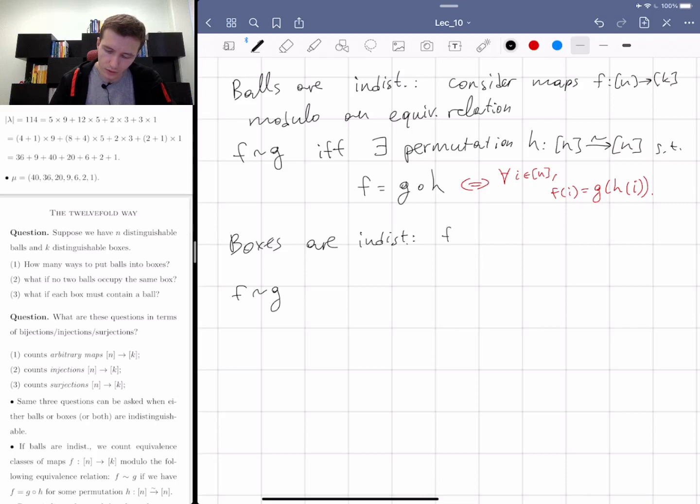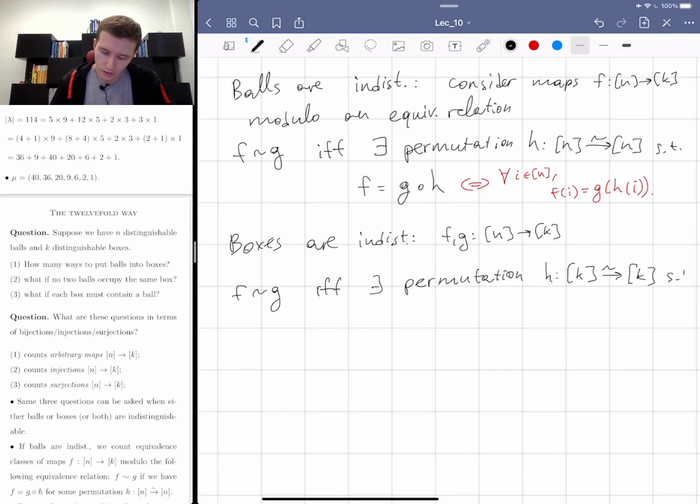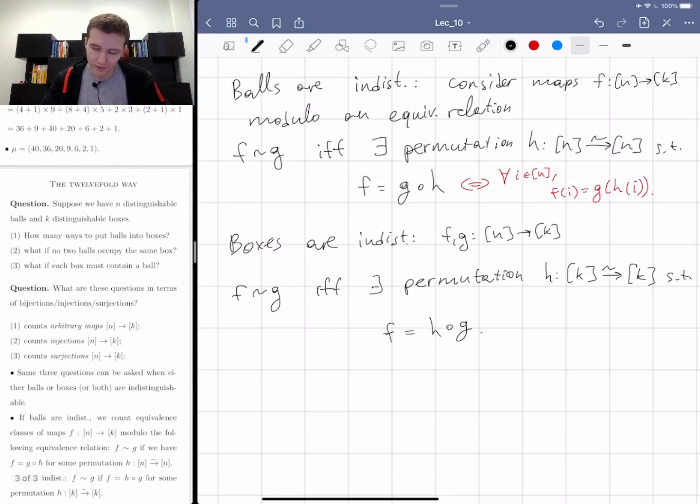So f and g are two maps from bracket n to bracket k as before, and they are equivalent if and only if there exists a permutation, and the only difference is that you consider a permutation not of bracket n but of bracket k, such that, taking composition on the other side, f is equal to h composed with g. That's just the mathematical meaning of indistinguishable. It's just an equivalence relation.